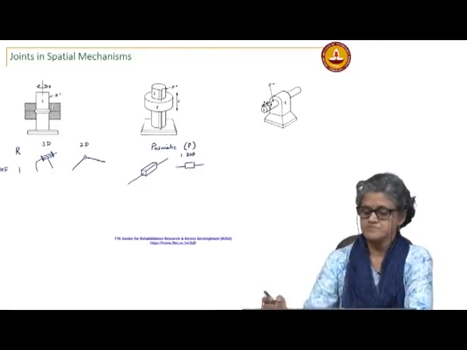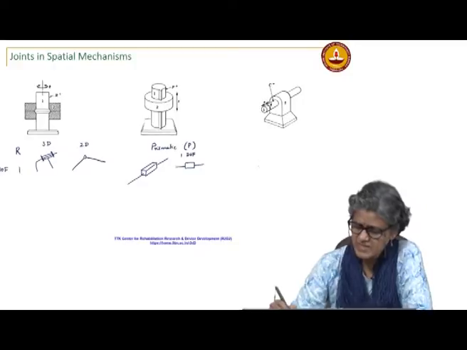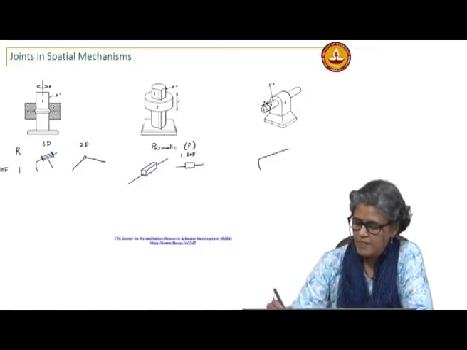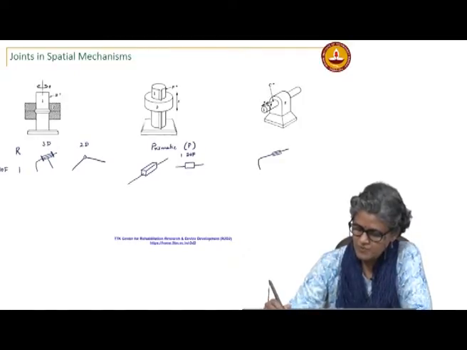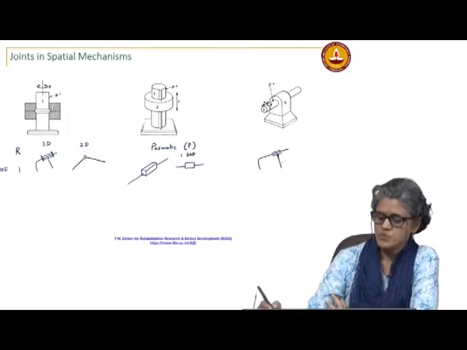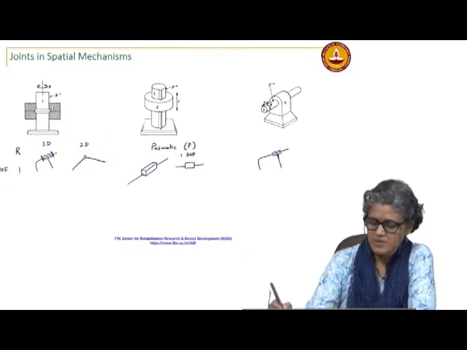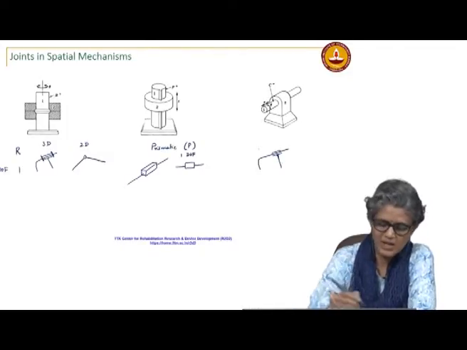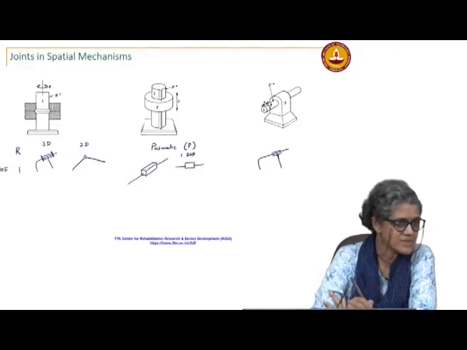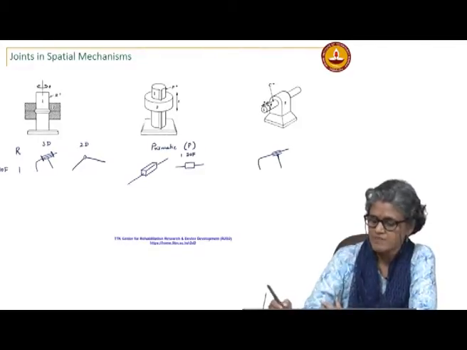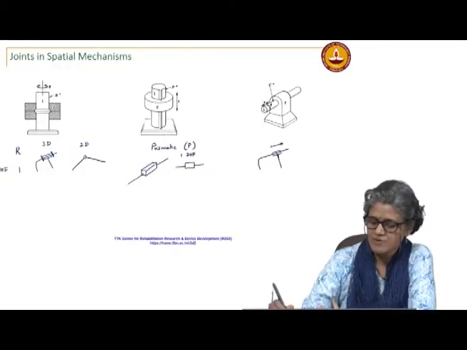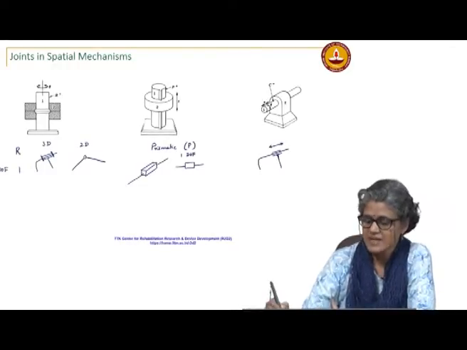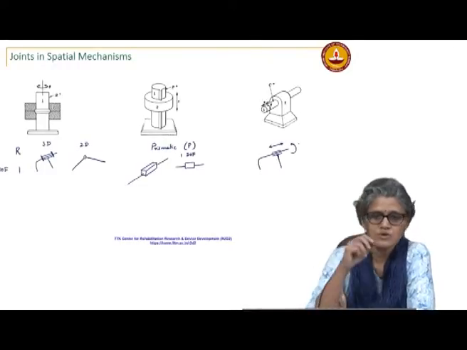In the case of the cylindrical joint, you have 2 independent degrees of freedom. This would be the representation. You can see here that I do not have the bars that denote the revolute joint, so it can have sliding and rotation.